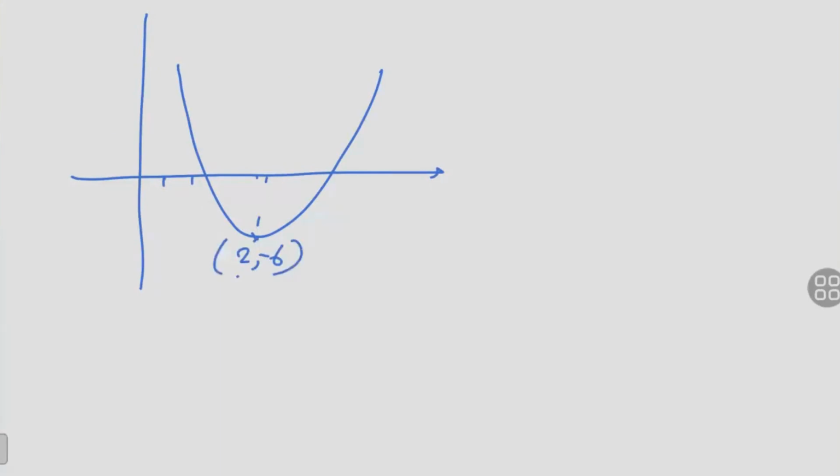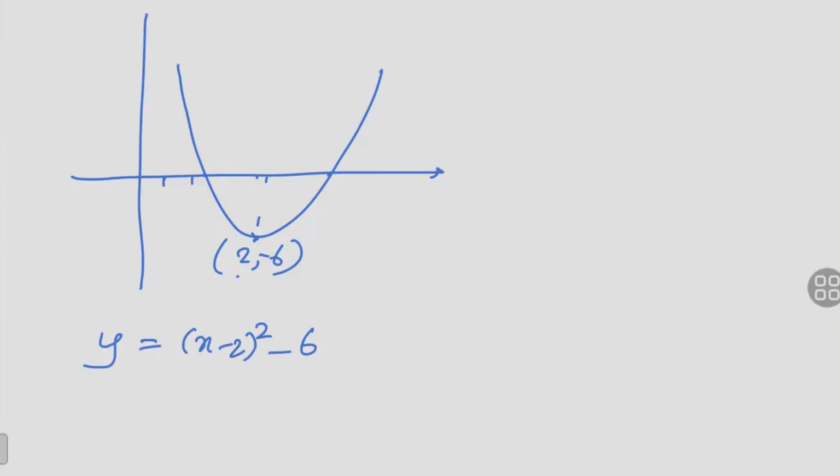Okay. So 2, minus 6 is given. How do you identify the equation, right? Now let's say this value is also given. Then you can write x minus 2 squared minus 6 as the curve equation. Understand?